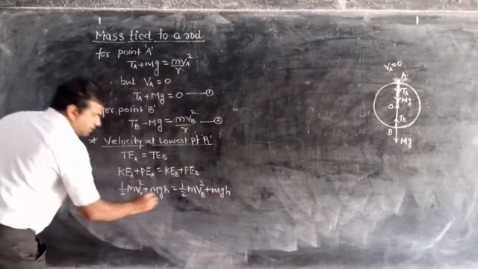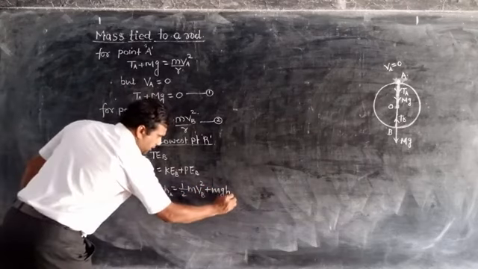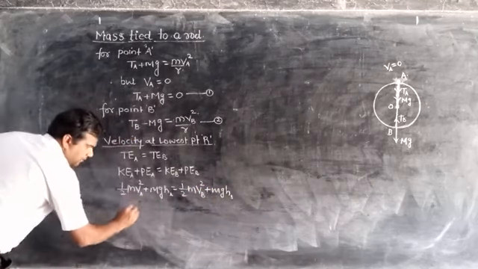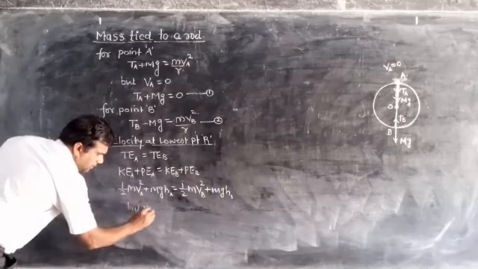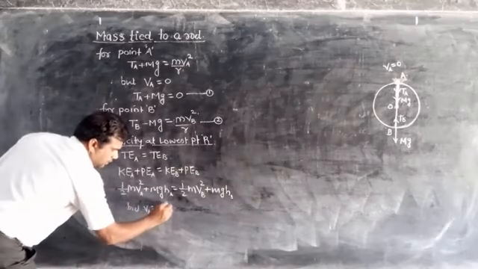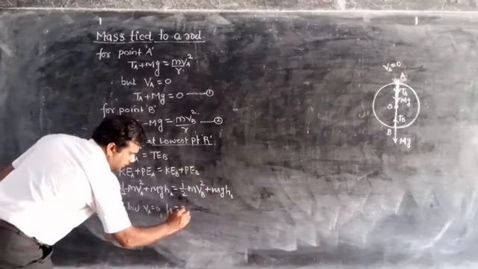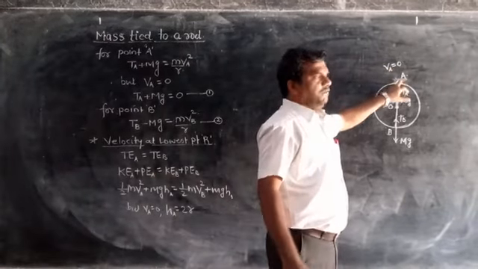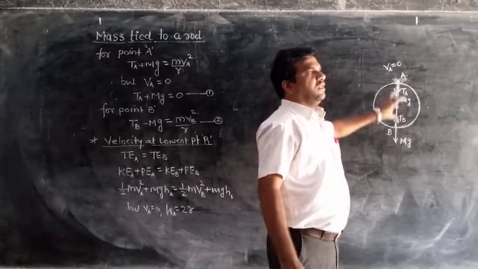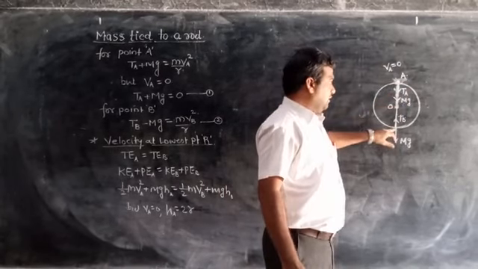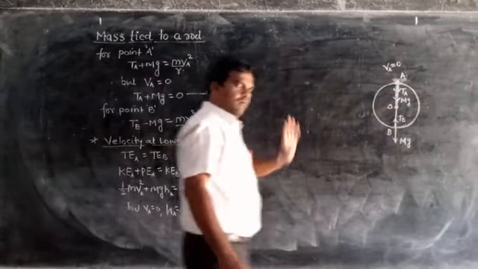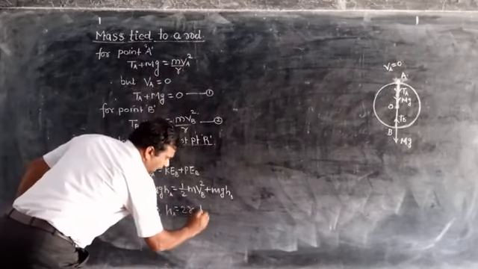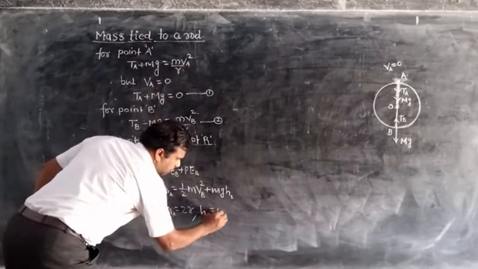This is A, this is B. But VA is equal to 0, hA is equal to twice R. That is the distance of point A from the lowest point, that is twice R, the diameter, and the distance of B from the lowest point will be 0, and hB is equal to 0.